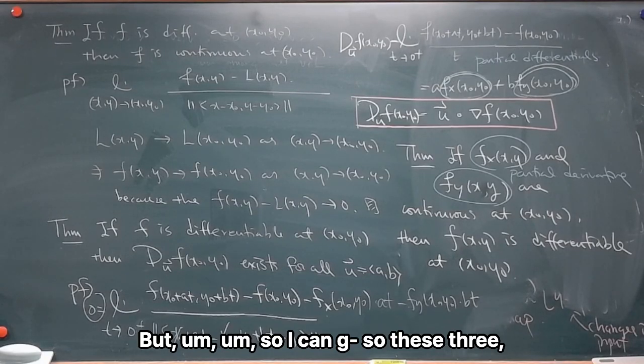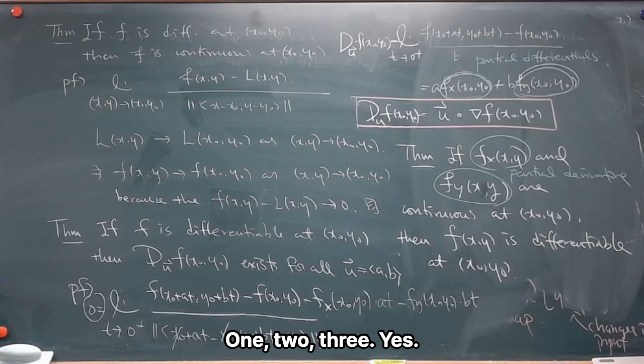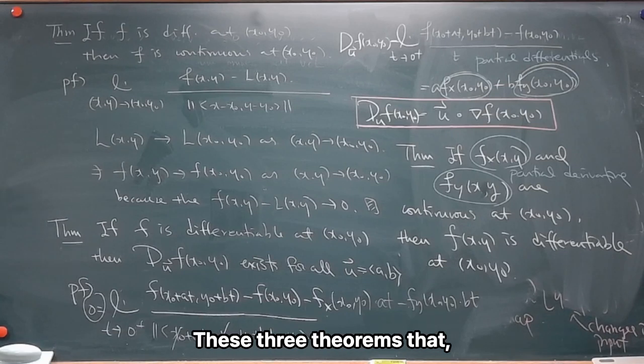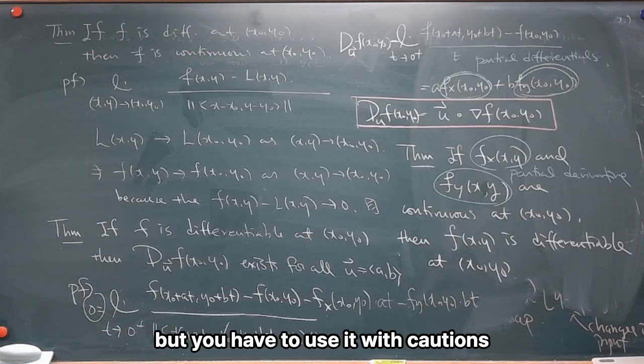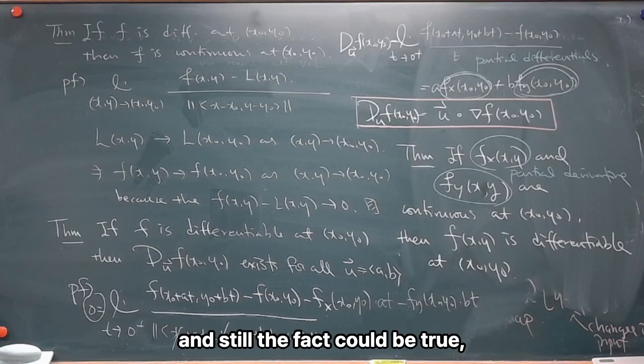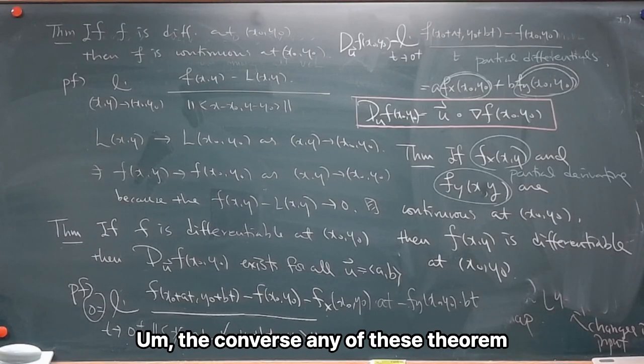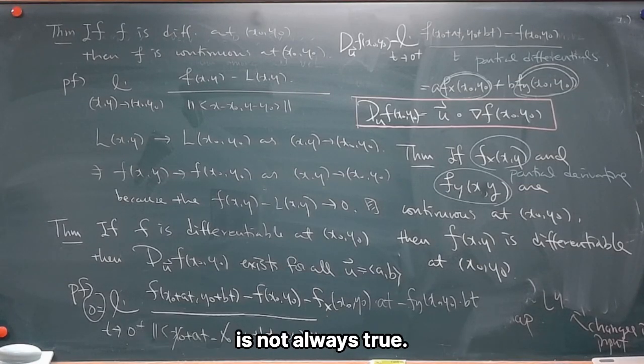These three theorems are ones that you can use, but you have to use them with caution, because sometimes you might state the converse of a theorem and think it is still true, but it's not always true. The converse of any of these theorems is not always true.